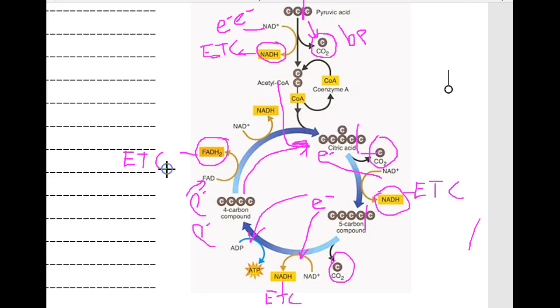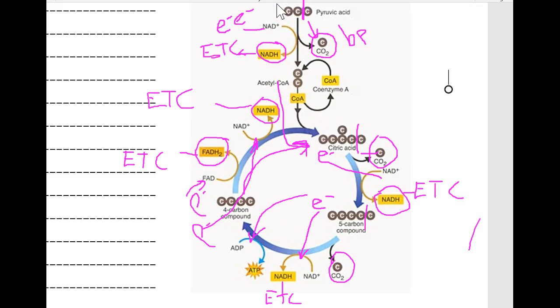So that means we have 1 more pair of electrons, and they're going to be picked up by NAD+ to become NADH, and that's going to go off to the electron transport chain. So now this de-energized 4-carbon compound that remains will be ready for the next acetyl coenzyme A to enter the cycle, and that will happen all over again.